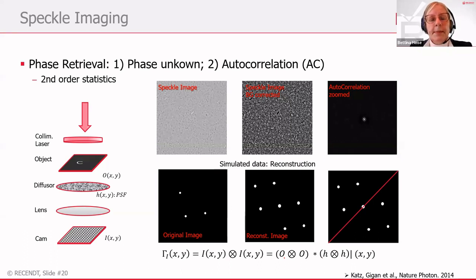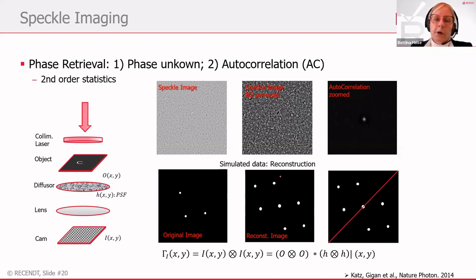So the mathematics behind that: even though it is destroyed or modulated by the speckle pattern, the information content is the same as if you would consider your original object. And so you can also, by some iterative phase retrieval methods, reconstruct your original object.